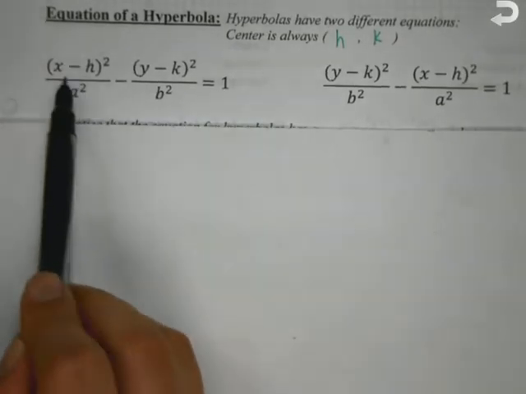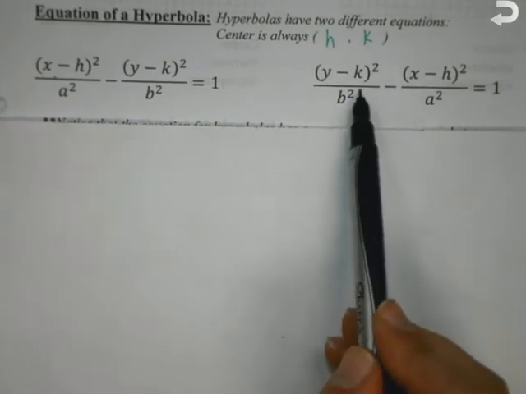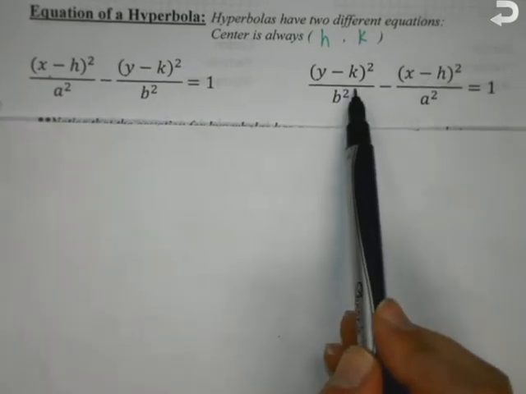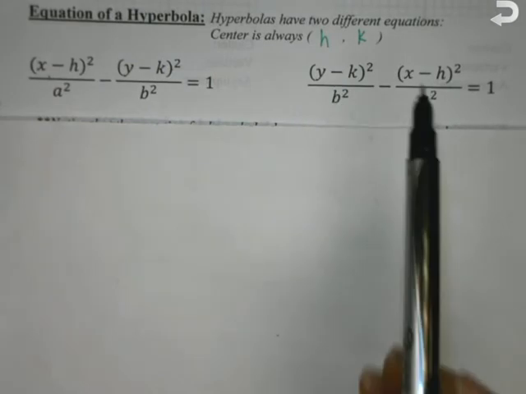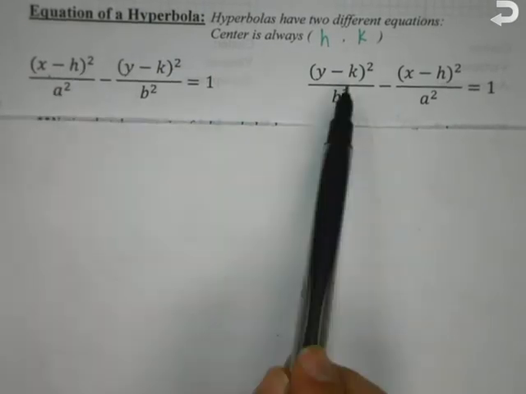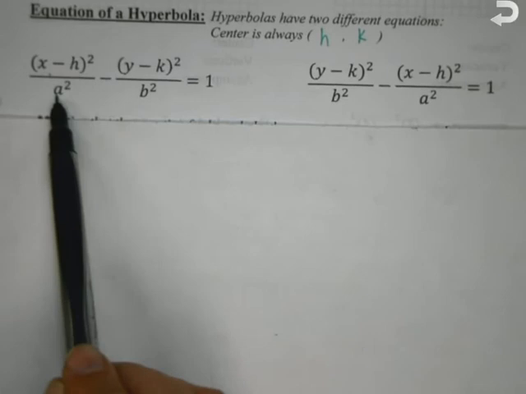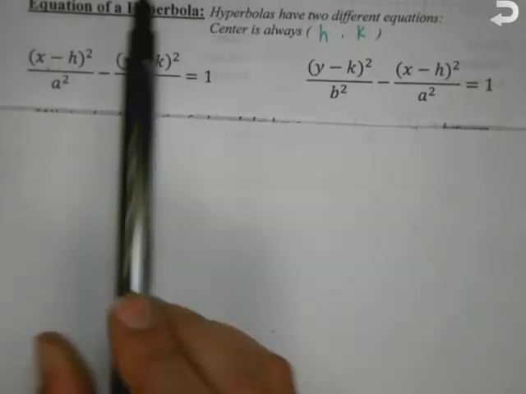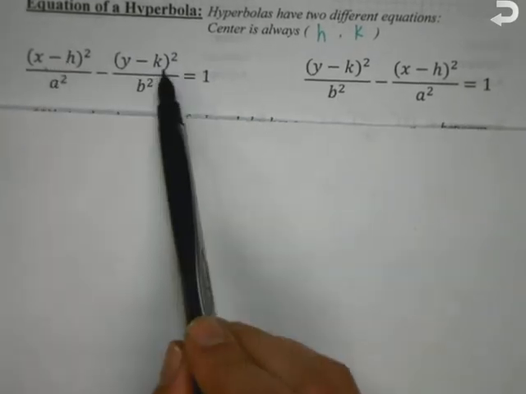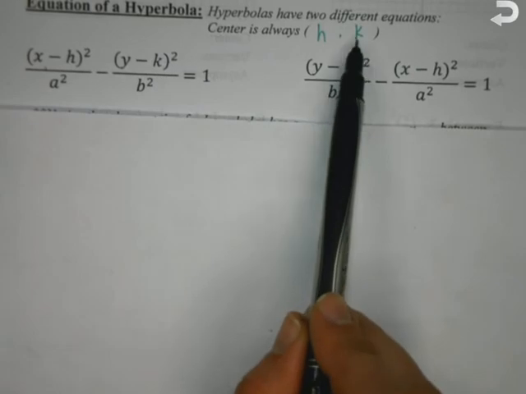If the second equation is what happens, y is in front, the vertices are on the y-axis. Okay? B is always attached to y, A is always still attached to x. Okay? And your center is always, h is always attached to x, k is always attached to y. Okay? Also, we're always equal to 1.